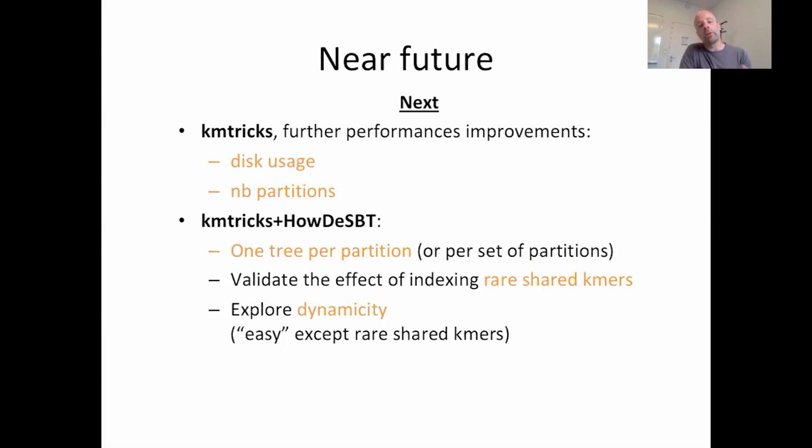So when you add some datasets, maybe we can afford to recompute the whole tree, or we can construct some different trees and merge them afterwards. So there are some ideas to be able to be dynamic. But of course, with rare shared kmers, this is not easy, because we have to recompute the Bloom filters if we want to handle those rare shared kmers. So we have some questions here to answer.